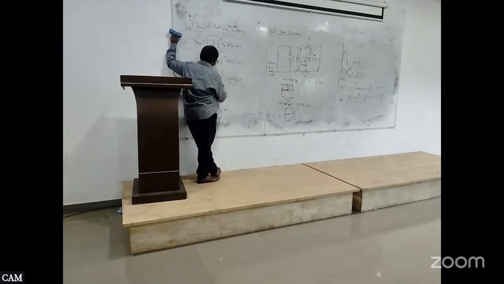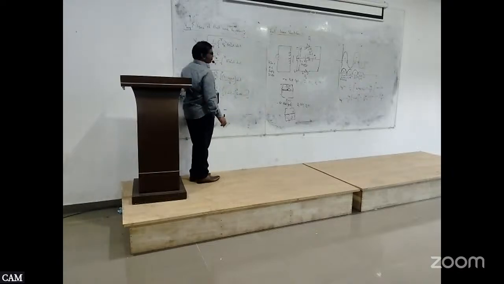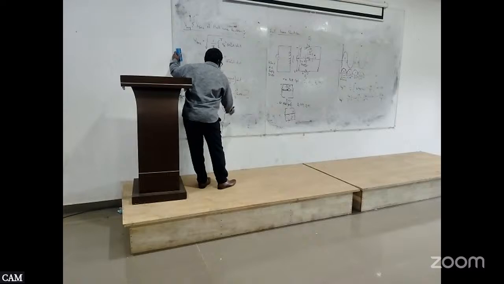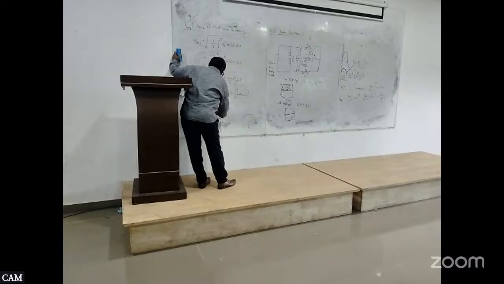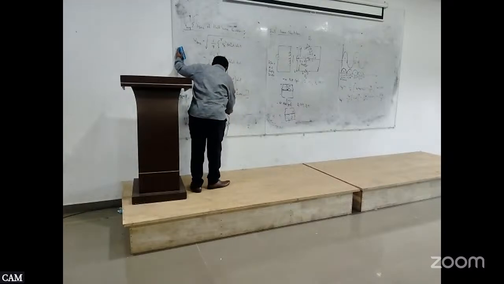So Vm square by 2 pi, integral 0 to pi 1 d omega t minus integral 0 to pi cos 2 omega t d omega t. From this, the cosine term will get cancelled. We get only Vm square by 2 pi into pi minus 0.